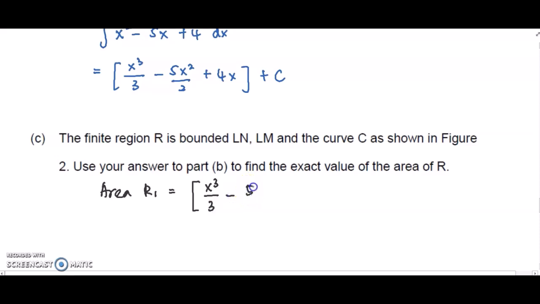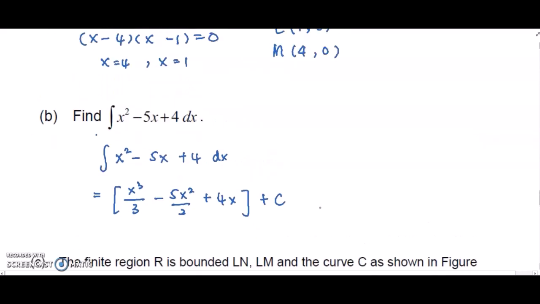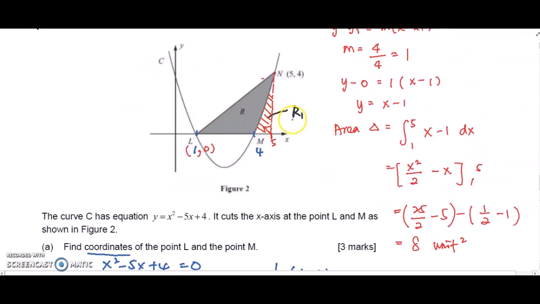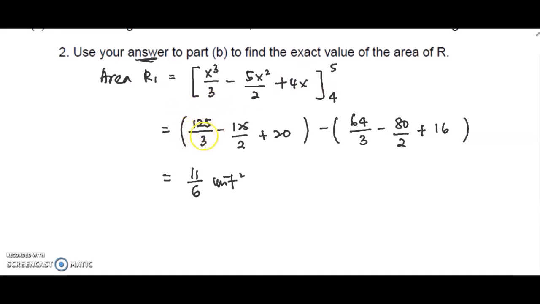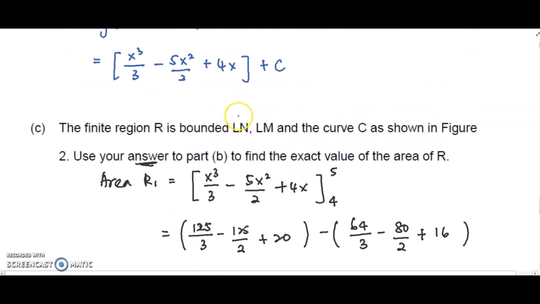You do not need to do the integral one more time, because the question asks you to use the answer in part B. If you integrate again, you will lose marks. So to get the area of the shaded region R1, you integrate from 4 to 5, and then you put in the values, substituting the upper limit and lower limit.